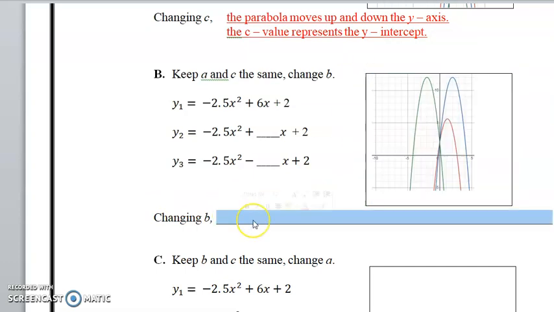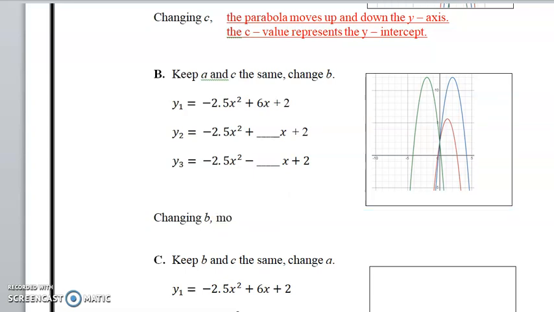So changing b moves the parabola left and right. Okay, so it moves that to the left and to the right.